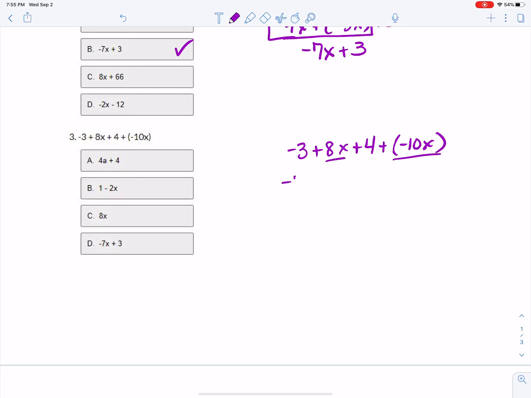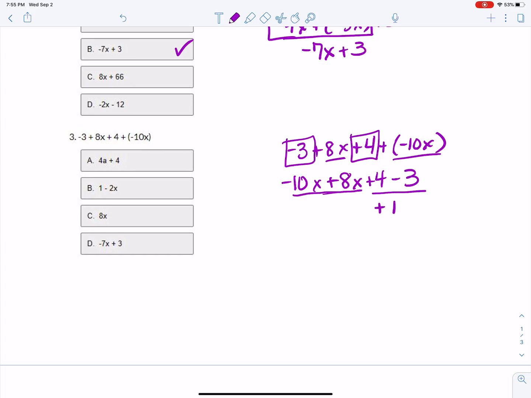So negative 10x plus 8x plus 4 minus 3. So this goes with this, and I moved them. This is going to be the problem, so let's deal with this. I can do 4 minus 3, that becomes 1, and it'll be positive 1.